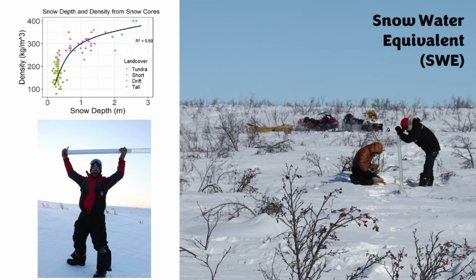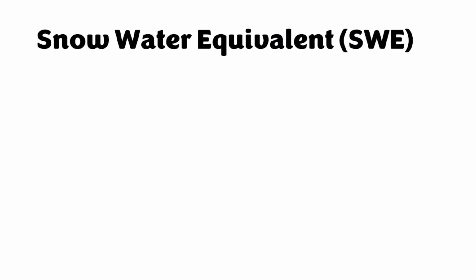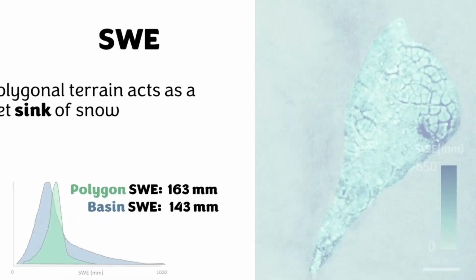So using the snow depth maps, a density map was produced at the same resolution, and to calculate SWE, you simply need to multiply the snow depth by the corresponding density for each pixel across your study area. Here we see our SWE map for a polygon site at 10 centimeter resolution.